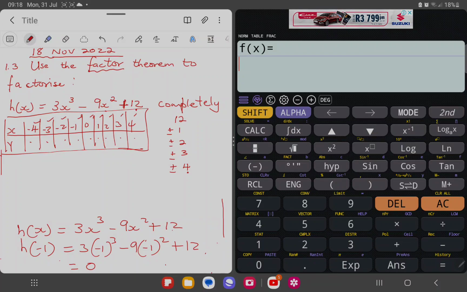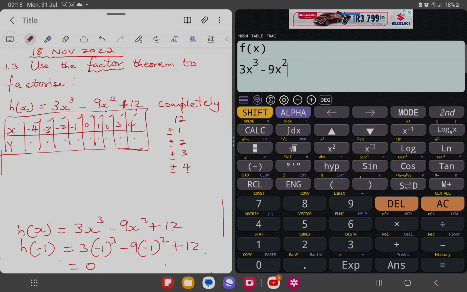Okay, so now we're going to write the equation: 3 alpha x, because x is purple, so purple goes with alpha, to the power of 3, and then you go out, and then you say minus 9 alpha x, and then squared.